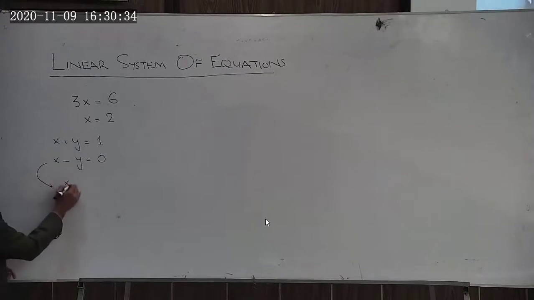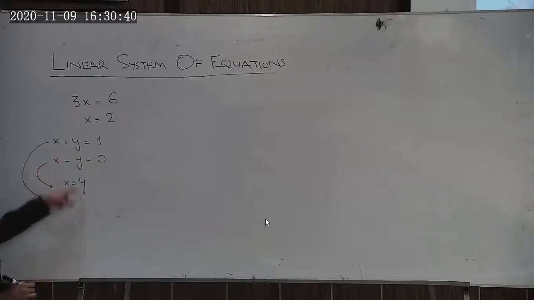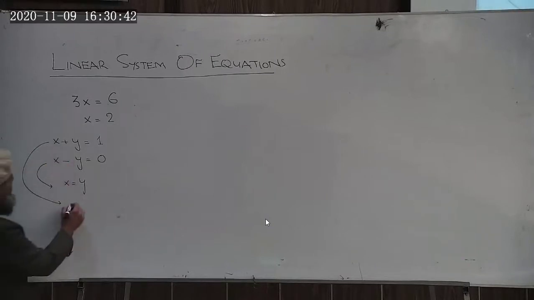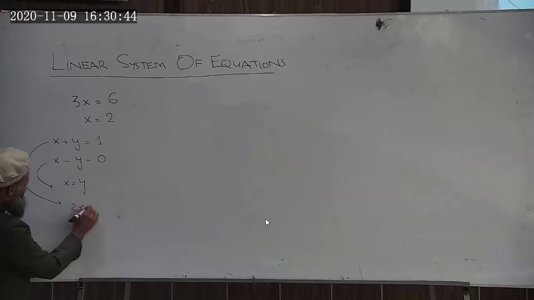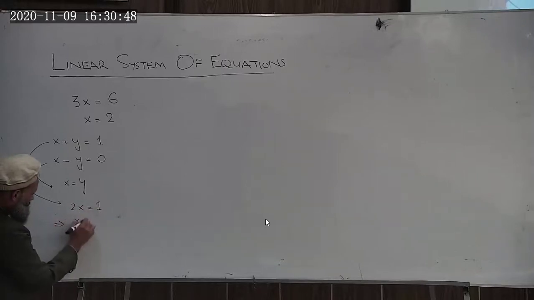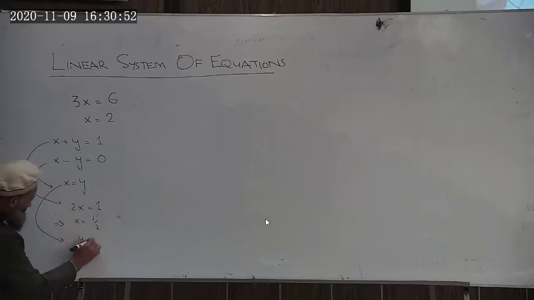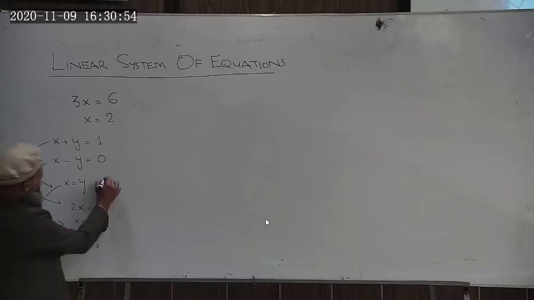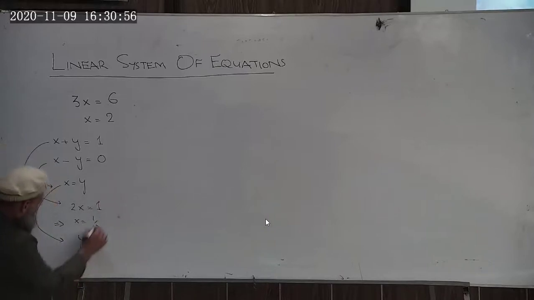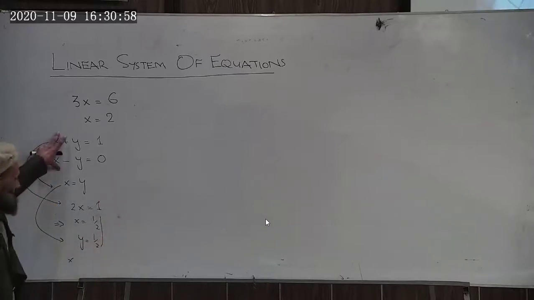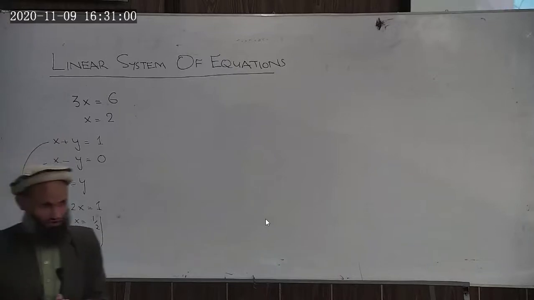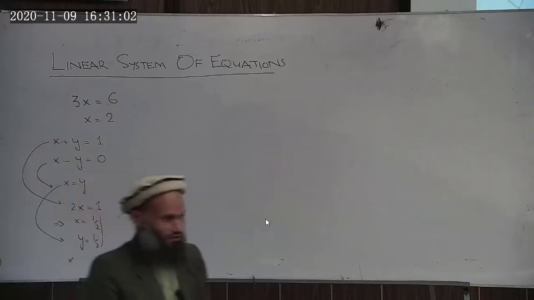From one equation, if we bring y to the other side, we have x equal to y, and if we substitute x equal to y into the first equation, then we have 2x is equal to 1, which implies that x is equal to 1 by 2, and from this equation y is also equal to 1 by 2. So this is the solution to this equation, right?